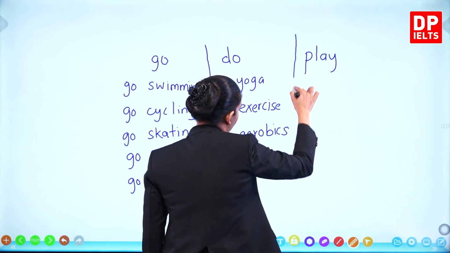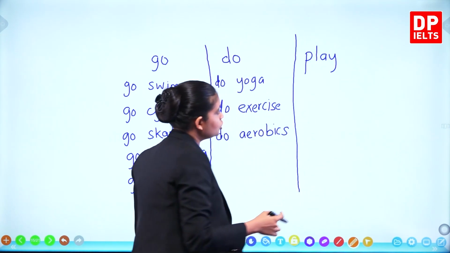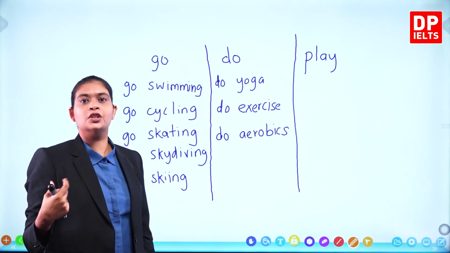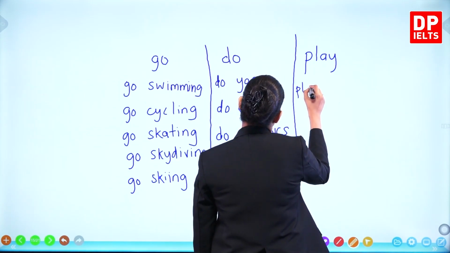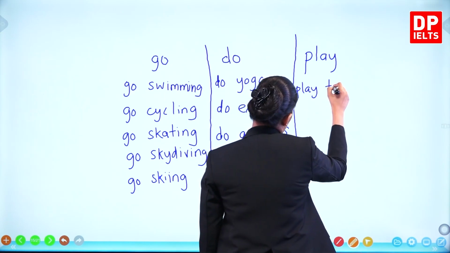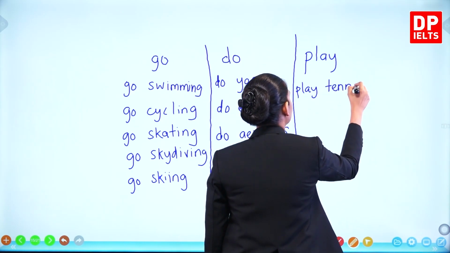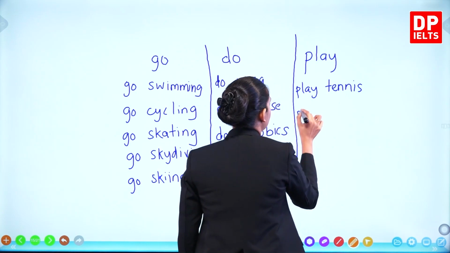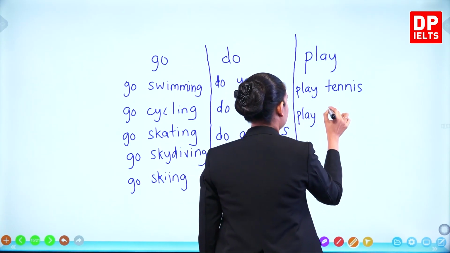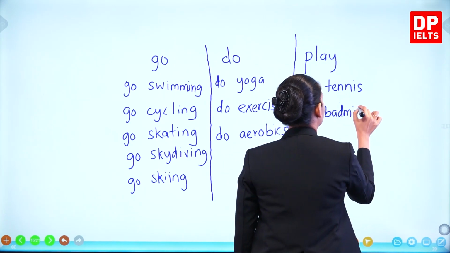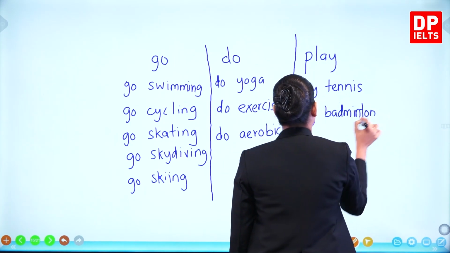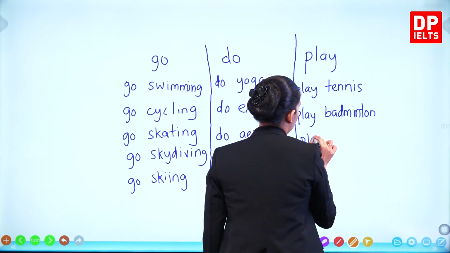Now, play, on the other hand, is usually used with sports that use a ball. Example, play tennis. Play badminton. Play squash.